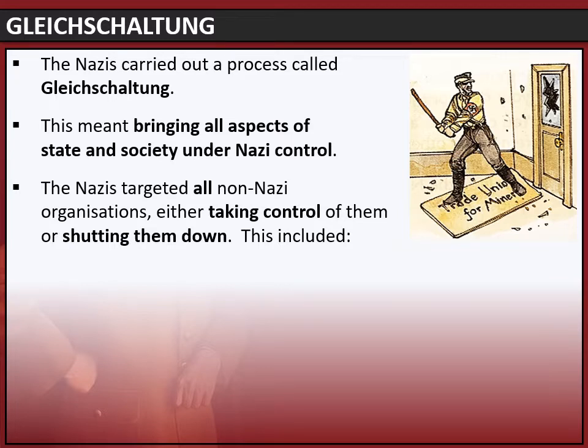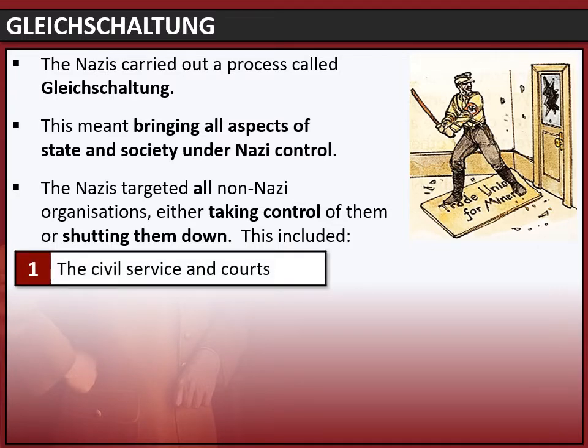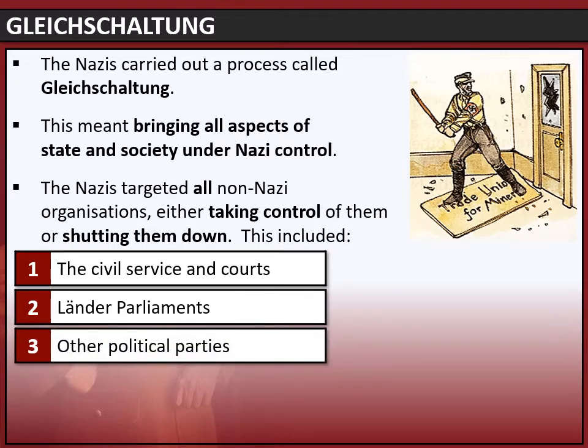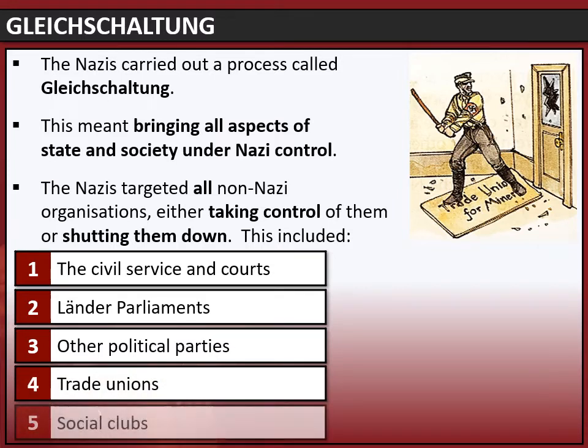Now this included the civil service and the courts, the Länder parliaments, the old regional parliaments, other political parties, trade unions, and it also included social clubs and sports clubs across Germany.